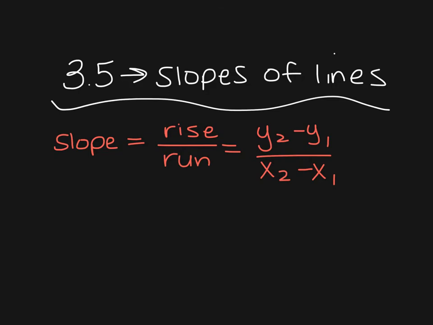Or you're going to eventually be finding the equations of a line. So if you were given a graph on a coordinate plane of a graphed line, you can actually choose if you want to just count your rise over your run, or if you want to use the slope formula.